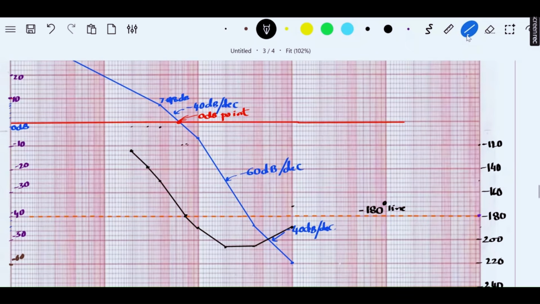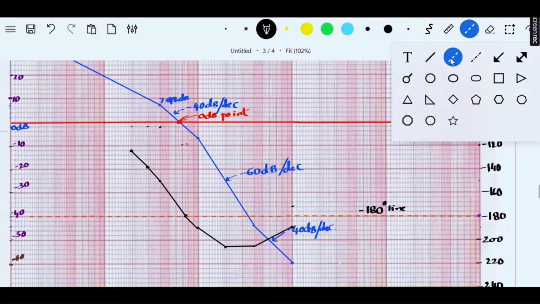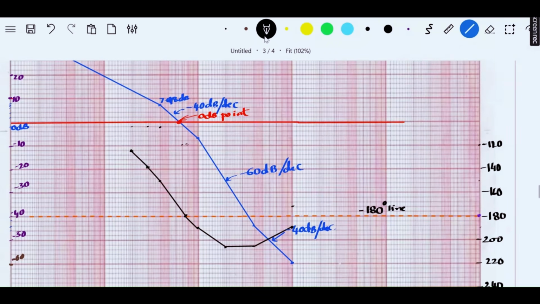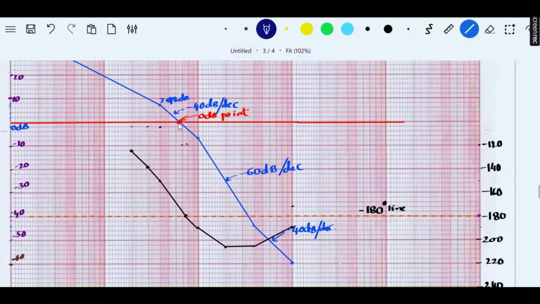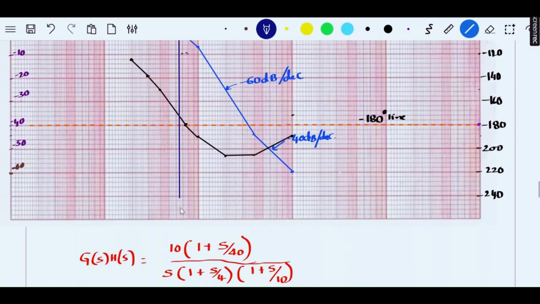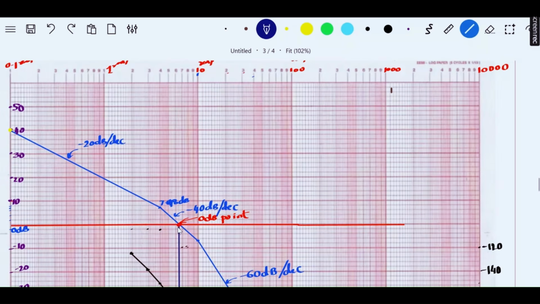So we'll draw a vertical line. Let me draw a hard line with a different color so that it is visible properly. Right from here, this is the point, and I should take a line downwards, exactly straight. And also take the point exactly straight on top.